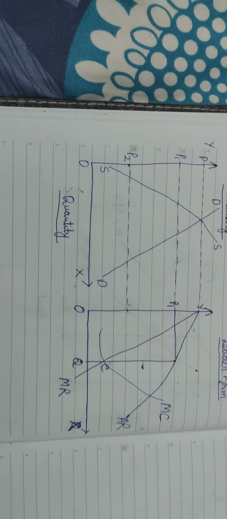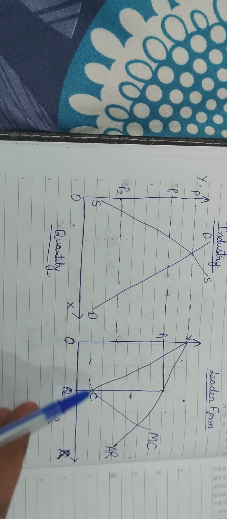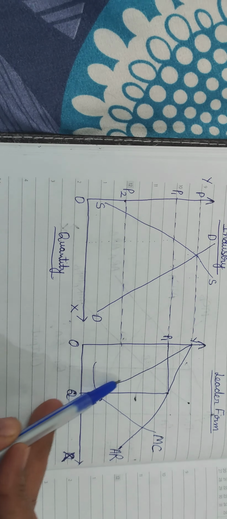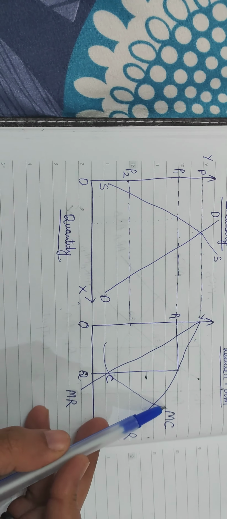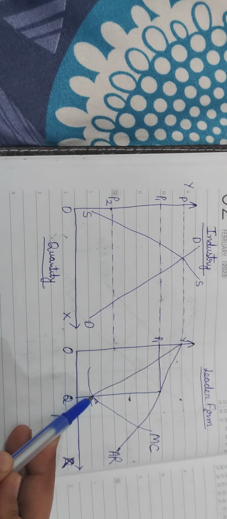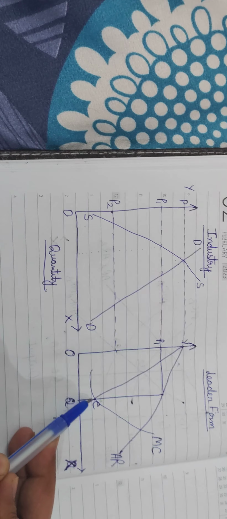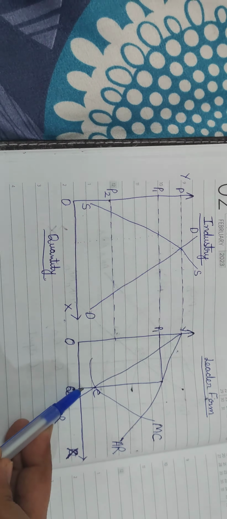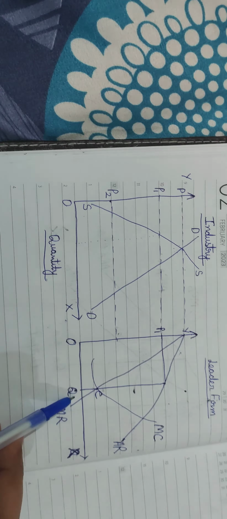Now this is the MR curve and this is the marginal cost curve for the leader firm. So this is the equilibrium point, point E for the firm, and at this point the firm will supply OQ quantity.